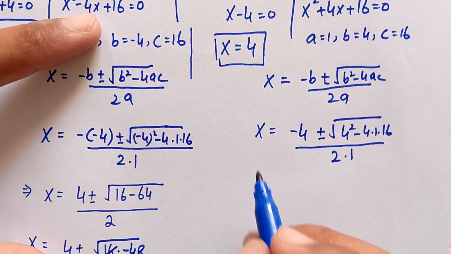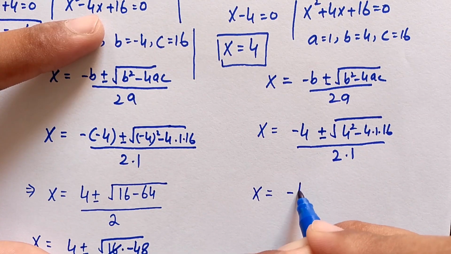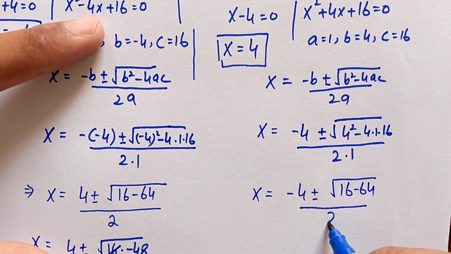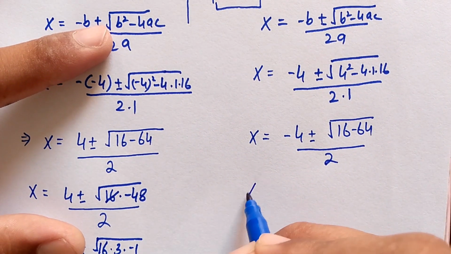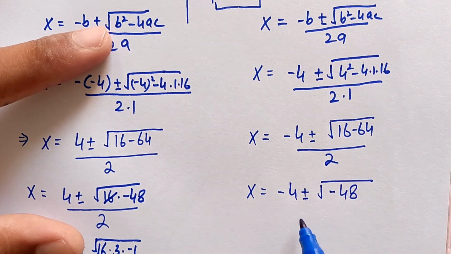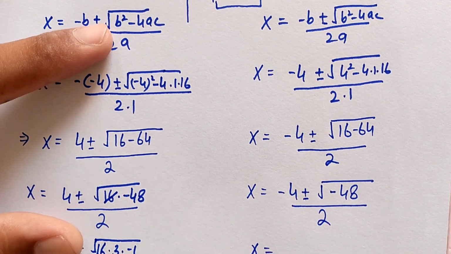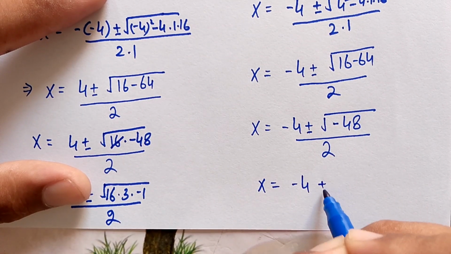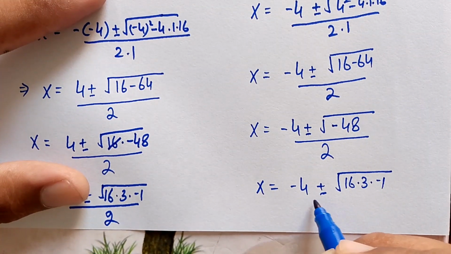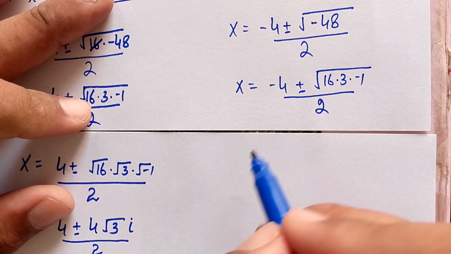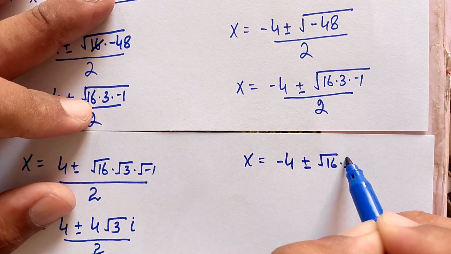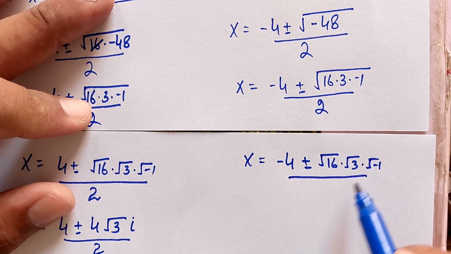Now here x is equal to minus 4 plus minus square root of 16 minus 64 divided by 2. x is equal to minus 4 plus minus square root of minus 48 divided by 2. x is equal to minus 4 plus minus square root of, this minus 48 is equal to 16 times 3 times minus 1, divided by 2. x is equal to minus 4 plus minus square root of 16 times square root of 3 times square root of minus 1 divided by 2.